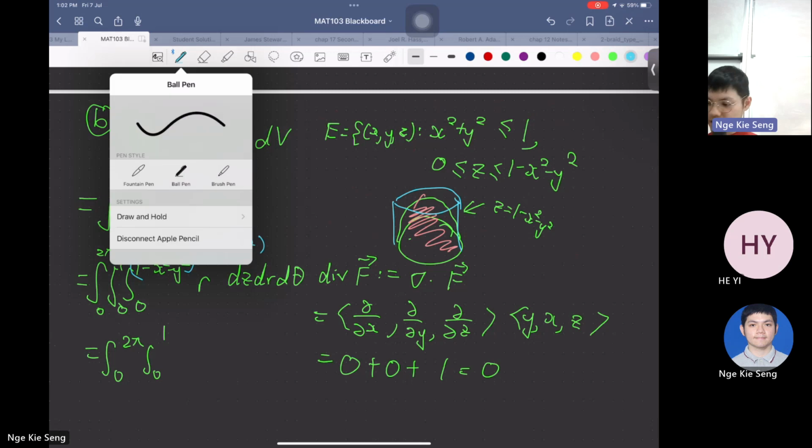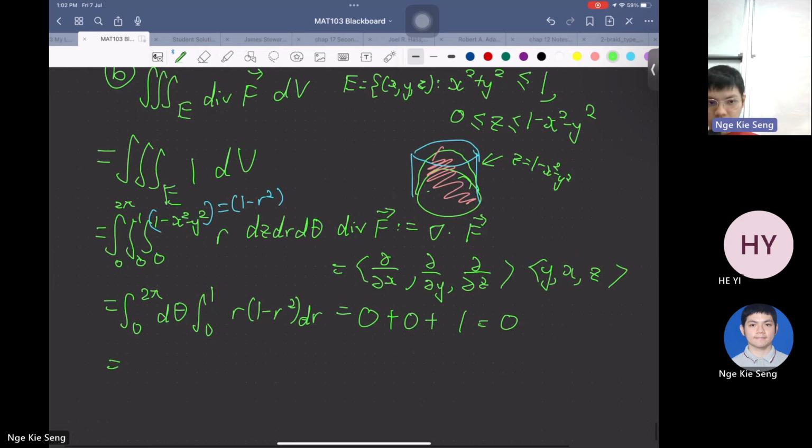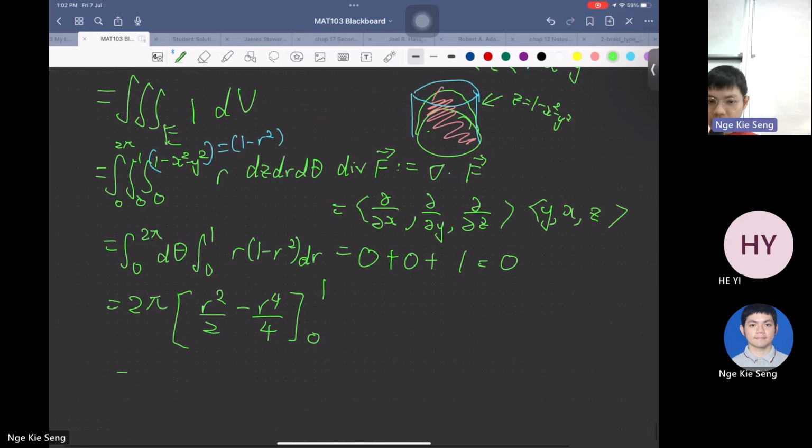Everything is now in r, z, and theta, so we can integrate. We split the theta out and keep the r part, and then do the integration. What's this value? 2 pi times 1 over 4, which is pi over 2. We get the same value, pi over 2, on the left and right.